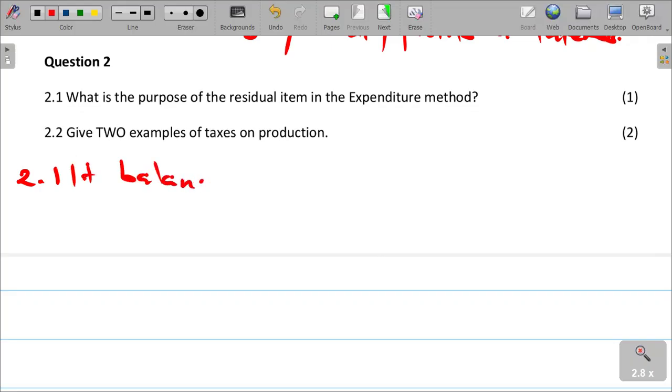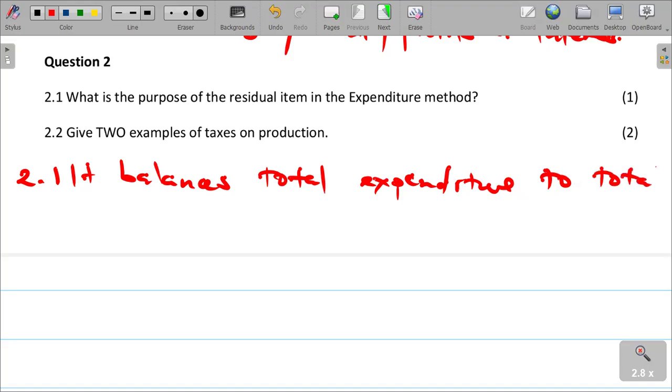It balances total expenditure to what? Total expenditure to total income within our national accounts.